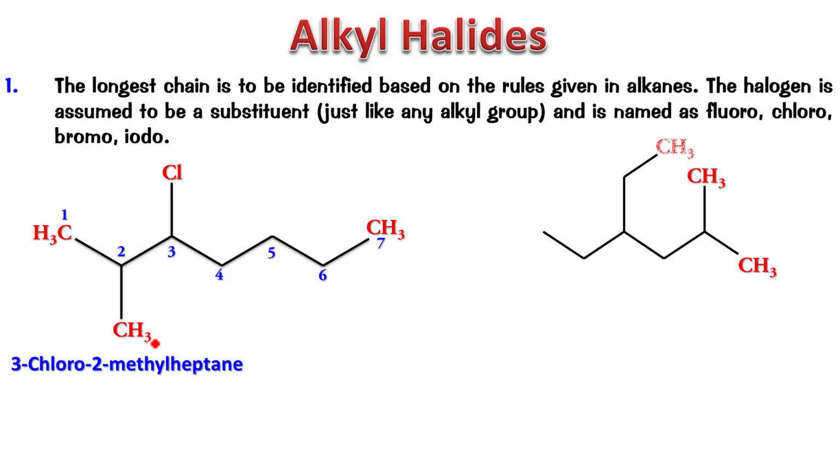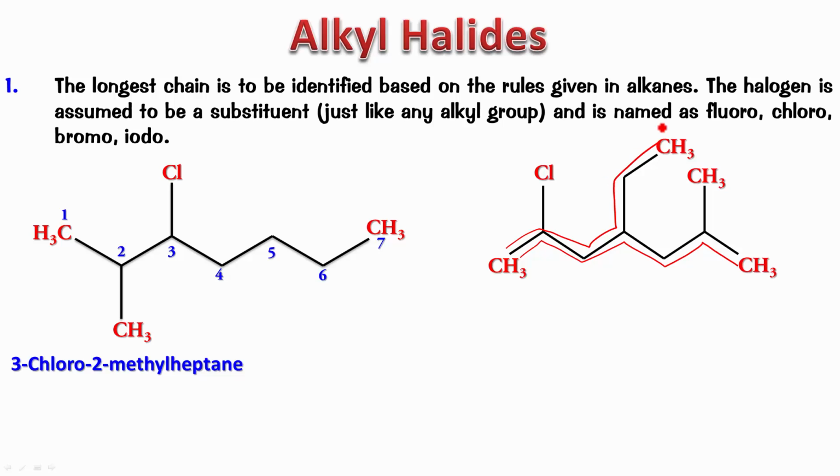Try naming this. Pause the video now. Find the parent chain, number it, name it, then play it back and check. Now here, if you want to look at the parent chain, it could be 1, 2, 3, 4, 5, 6, 7, or it could be 1, 2, 3, 4, 5.